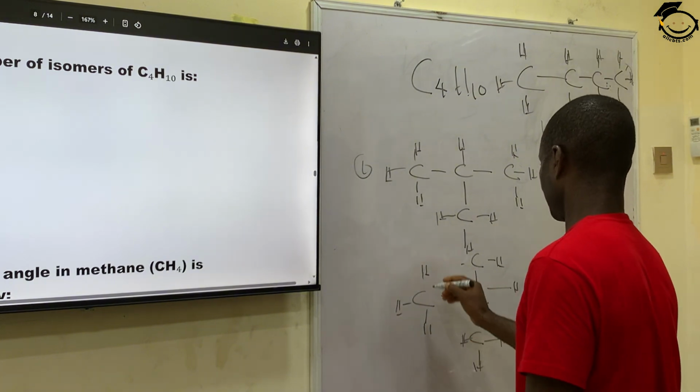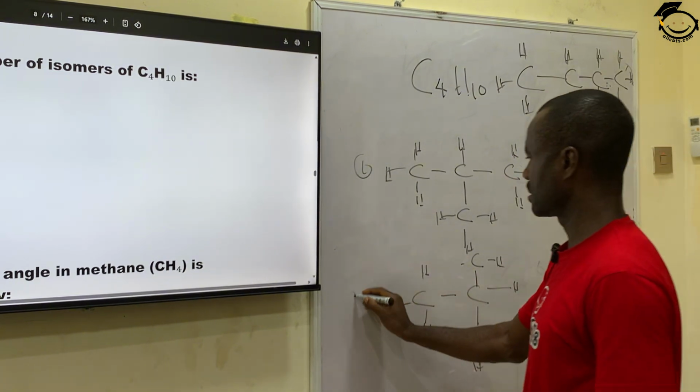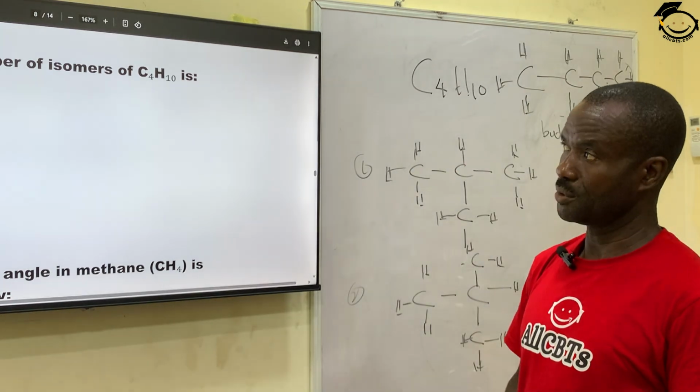There is no other. These are the possible two isomers of butane.